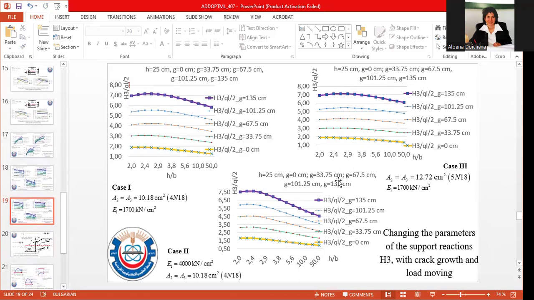And how the parameter of the support reaction H3 changes is possible to find on the next slide. Again, the bigger H3 is when we have more reinforcement bars.